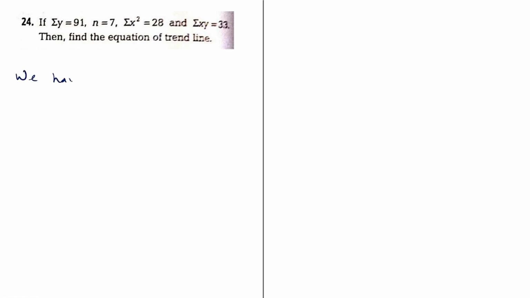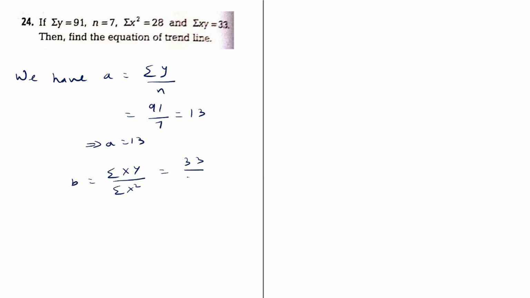We have a equal to summation y by n. So summation y is 91 upon n is 7. So a is 13. And then b equal to summation xy upon summation x square. So it is 33 upon 28. This is approximately equal to 1.179.